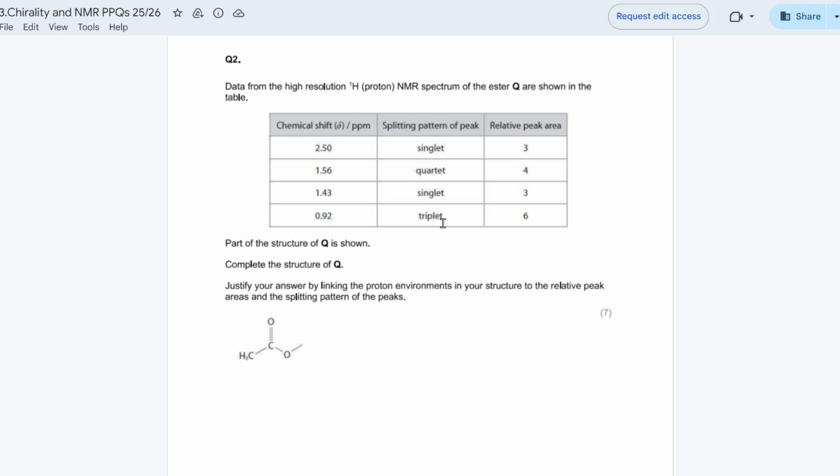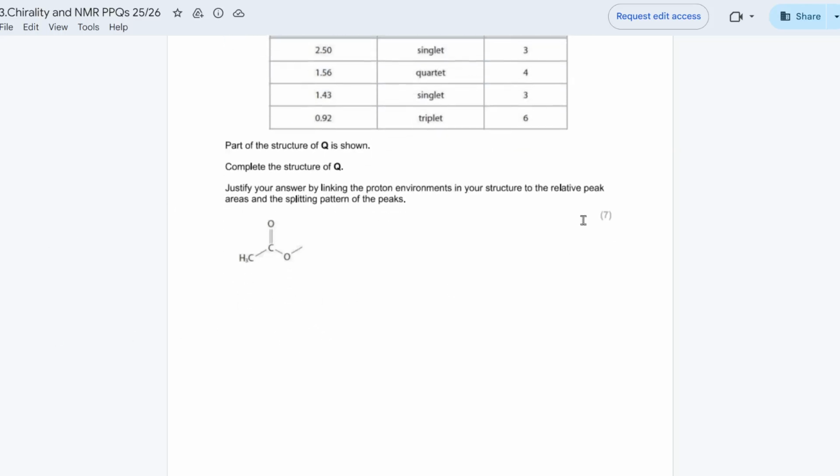Okay, so we have the chemical shift, the splitting pattern, and the relative peak area, and we know it's an ester. So if I remember, esters are formed from carboxylic acids and alcohols. So we have this here, which looks like part of a carboxylic acid.